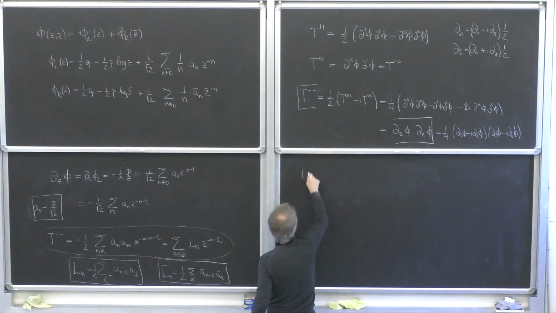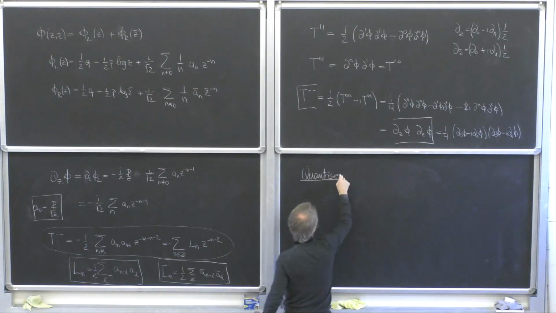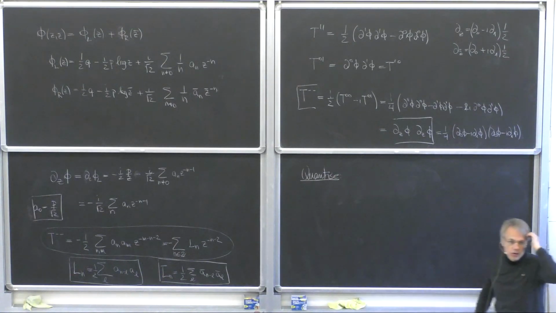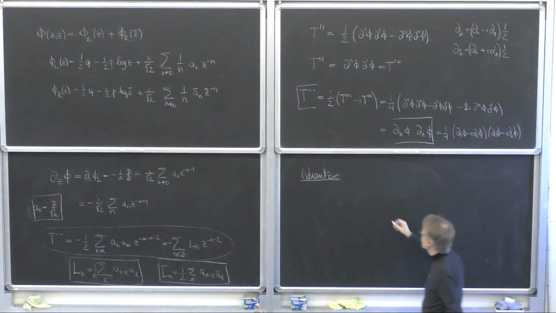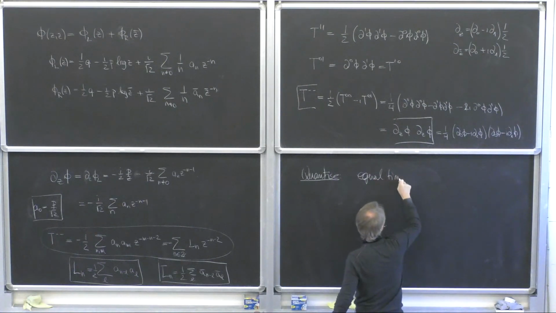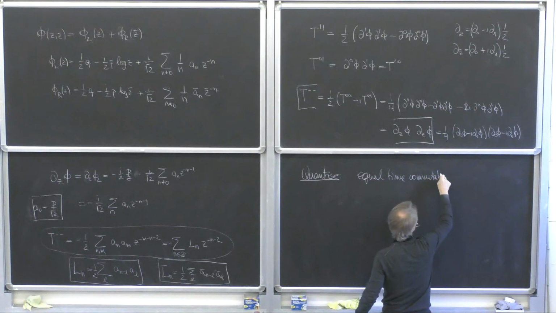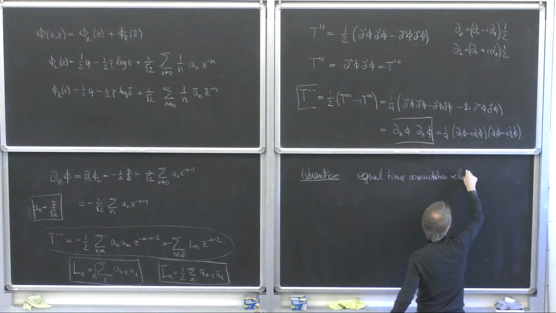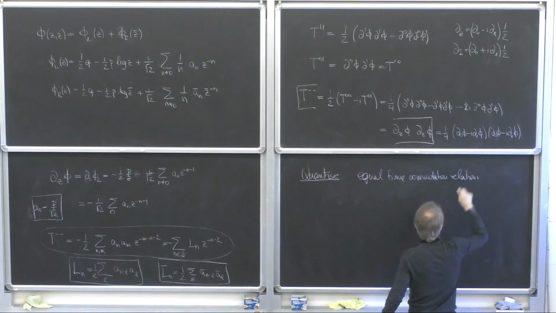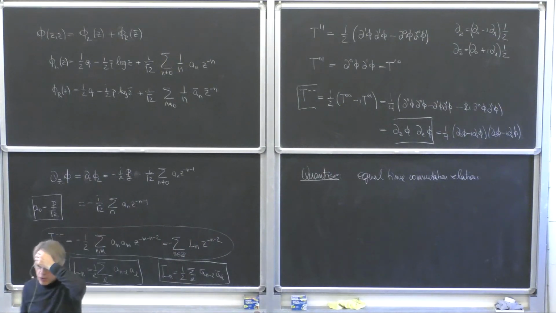What we have to do now is to quantize the theory. So how do you quantize a theory? Well, you impose equal time commutation relations. Now, in the context of Euclidean quantum field theory, it's a little bit tricky to think about what equal time means, because there is no time.